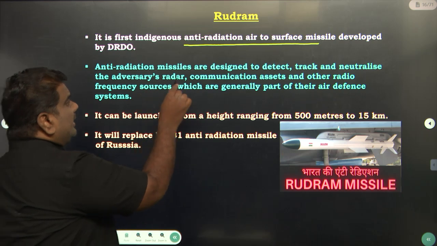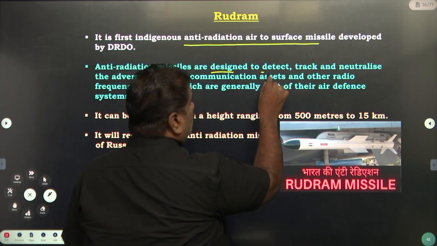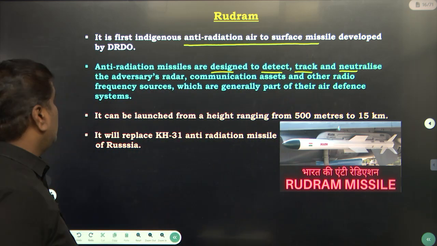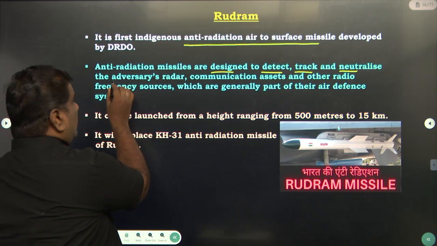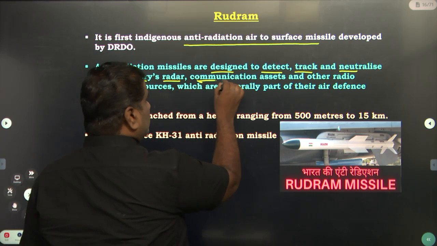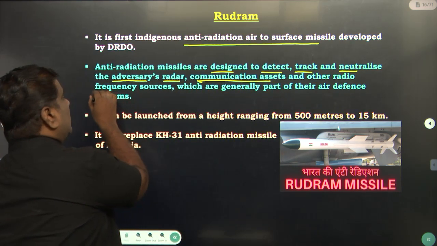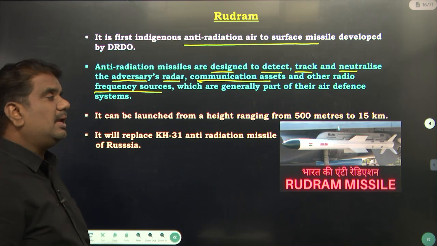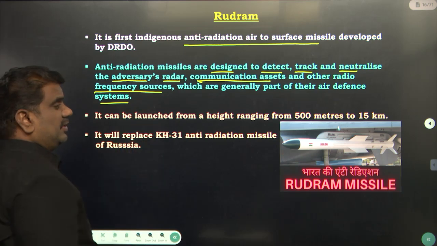So, anti-radiation missiles are designed to detect, track and also neutralize the enemy's, adversary's radar, communication assets and other radio frequency sources which in general are part of their air defense system.